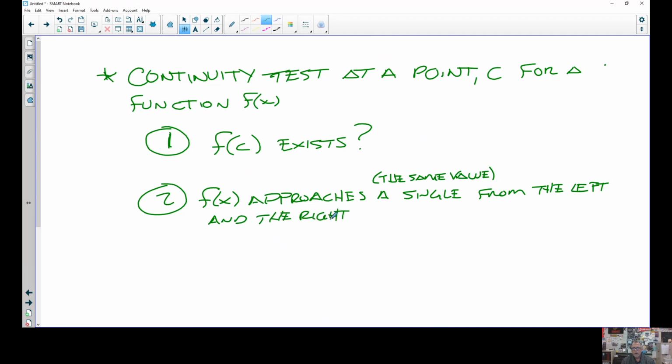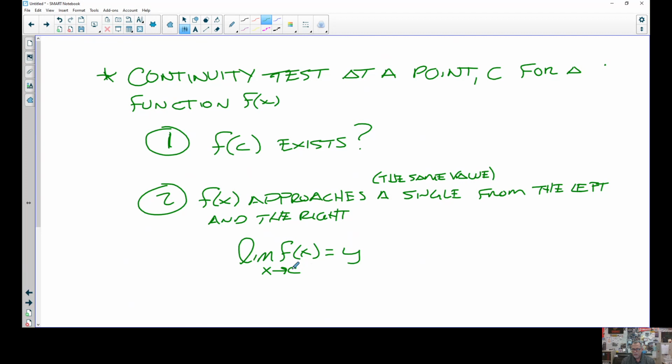So how do we note that this works? Well, what you're going to talk about is the limit. We write limit like this, just lim. In math, that's the abbreviation for limit. And as a subscript, written below, we say as x approaches that value, whatever that c is, of our function f of x equals something. If it approaches a single value from the left and the right, then that limit will be whatever y value that is.